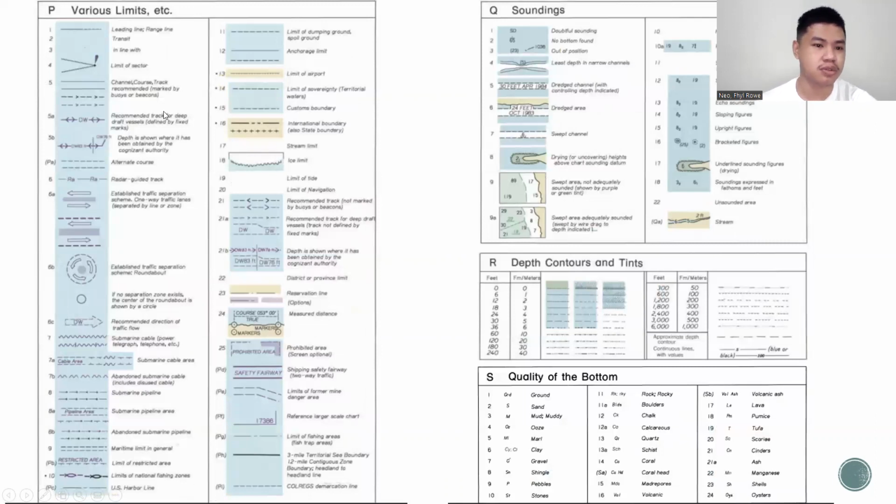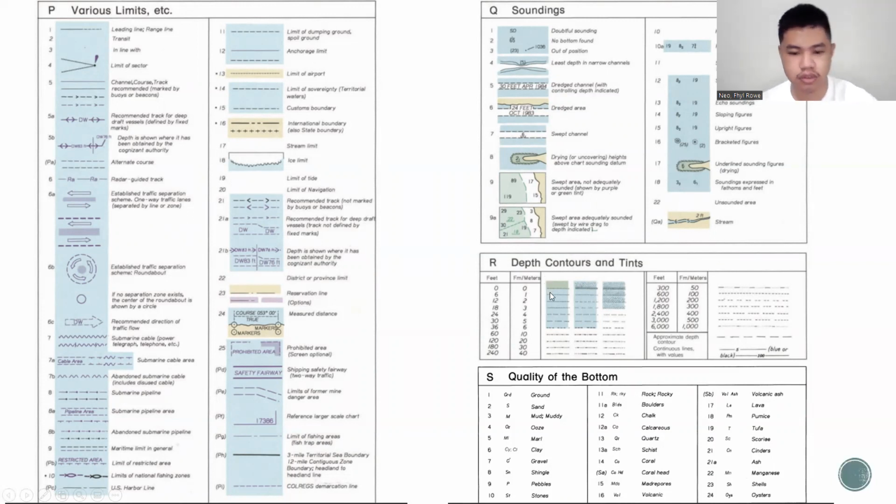So we're going to go to various limits. The limit of sector, which is these two lines, then an exclamation mark. Now the soundings, swept channel, then the underlined sounding figures. Now depth, contours, and tints.